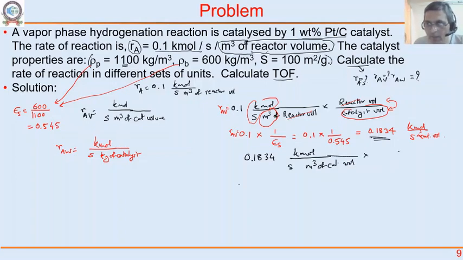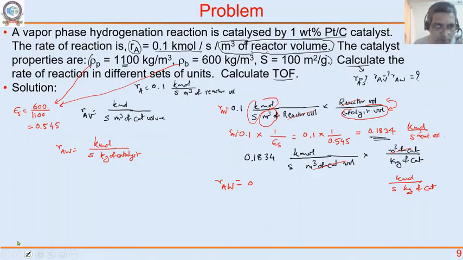If I multiply this by meter cube of catalyst divided by kgs of catalyst, what will I get? This would cancel out, this would cancel out. So I will get kilomoles per second per kg of catalyst. That's what I want. That's my RAW, isn't it?